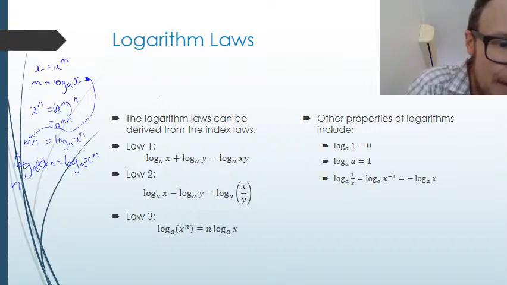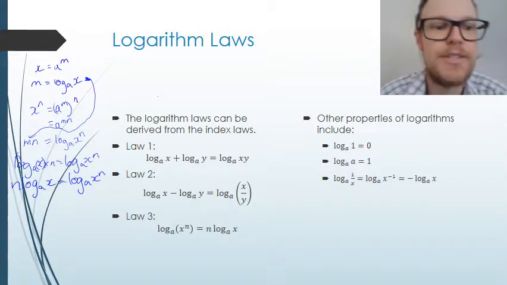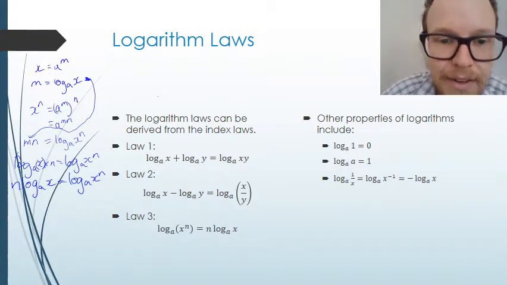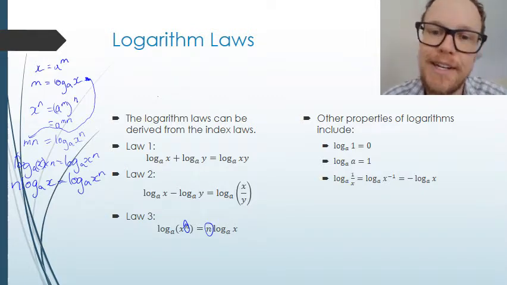So this is n log a x is equal to log a x to the n. So you can see that's why the exponent in this log law can just go out the front and multiply, because of that third index law.